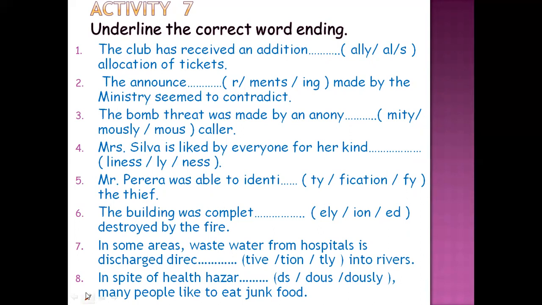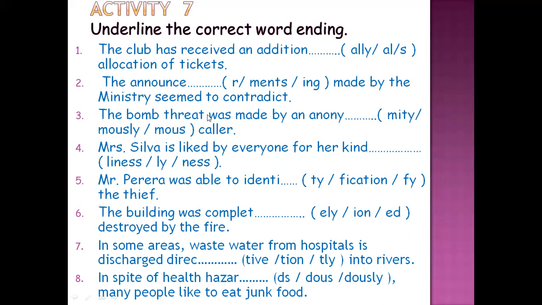Second one, the announcer, the announcements, the announcing made by the ministry seem to contradict. That means something wrong. So which one is the correct answer? Announcer, announcements, or announcing? Third one.